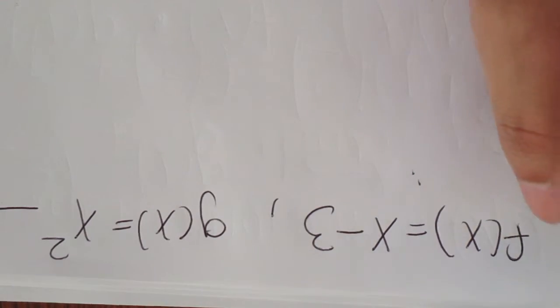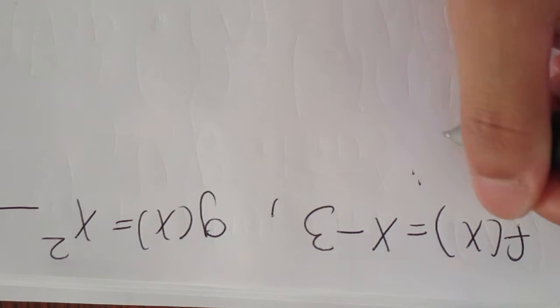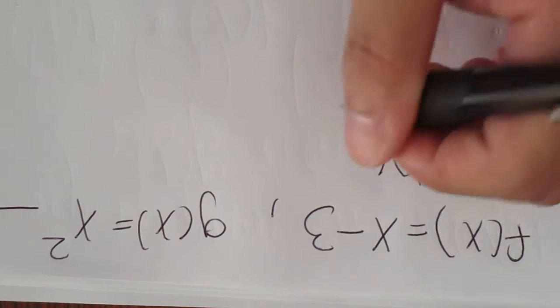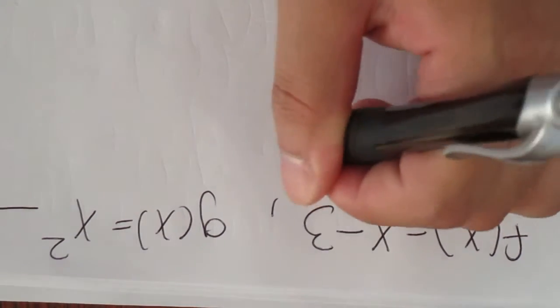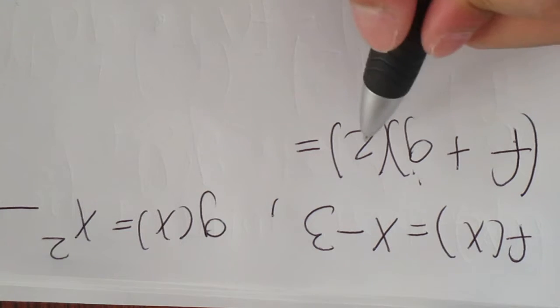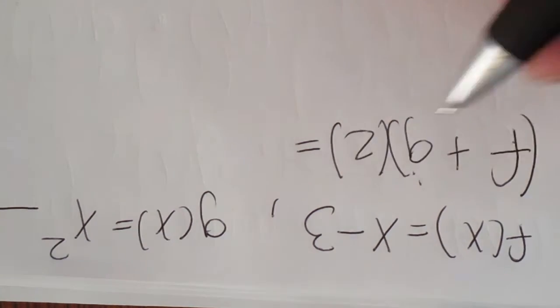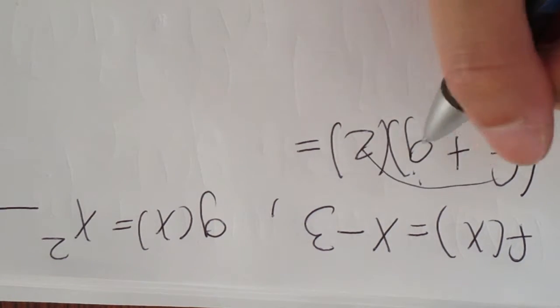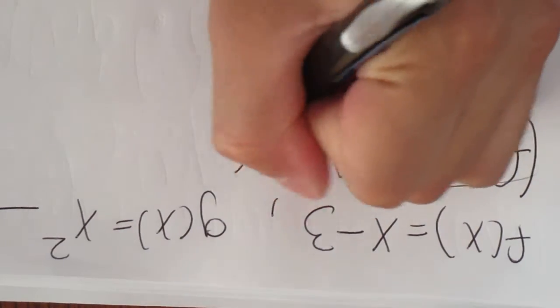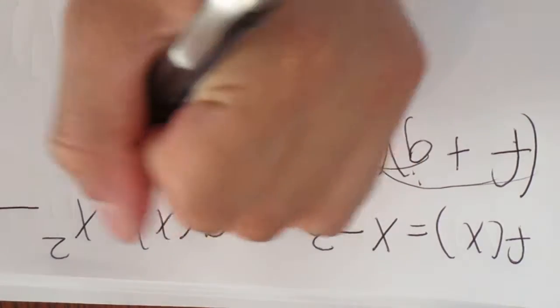So they want to know what is f plus g of 2. Remember, all we've got to do first is distribute it. So we have the 2, so f of 2, distribute it with f and g, so it's f of 2 plus g of 2.